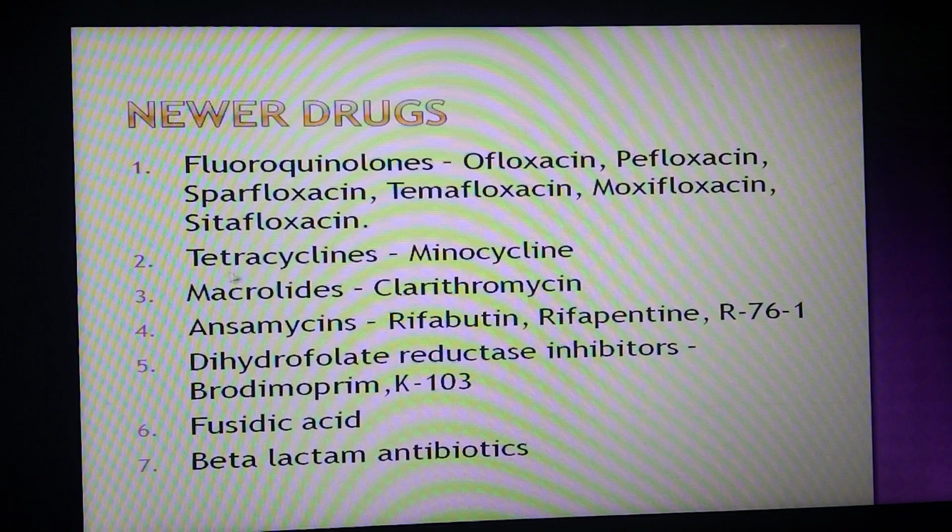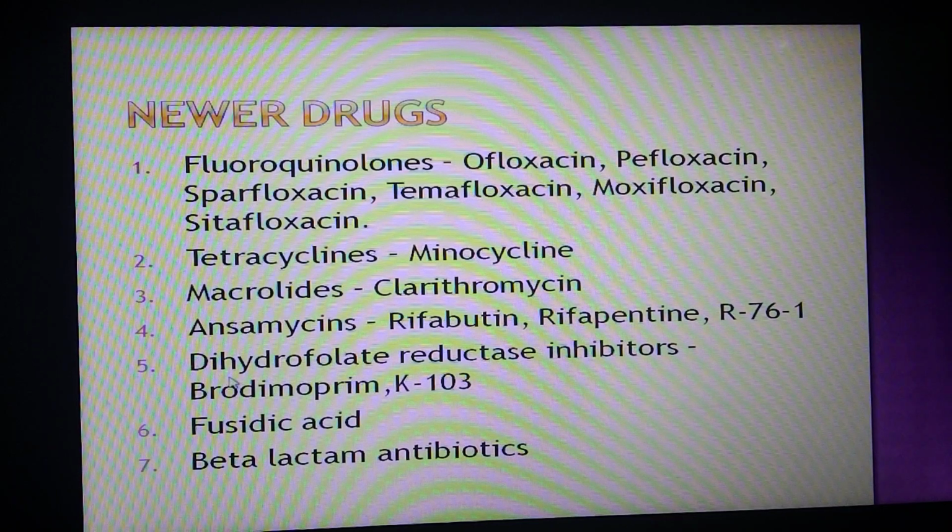The next we have tetracyclines, which is nothing but minocycline. Macrolides, we have clarithromycin. Next we have ansamycins, which are rifabutin, rifapentine, and R76-1.